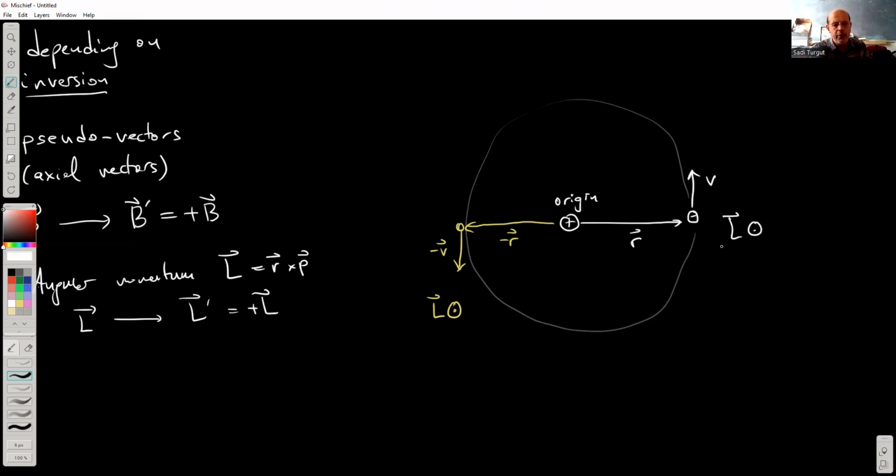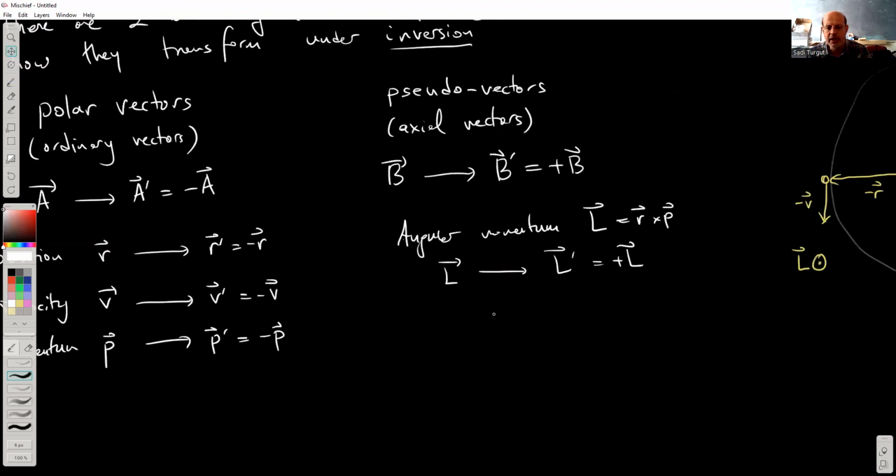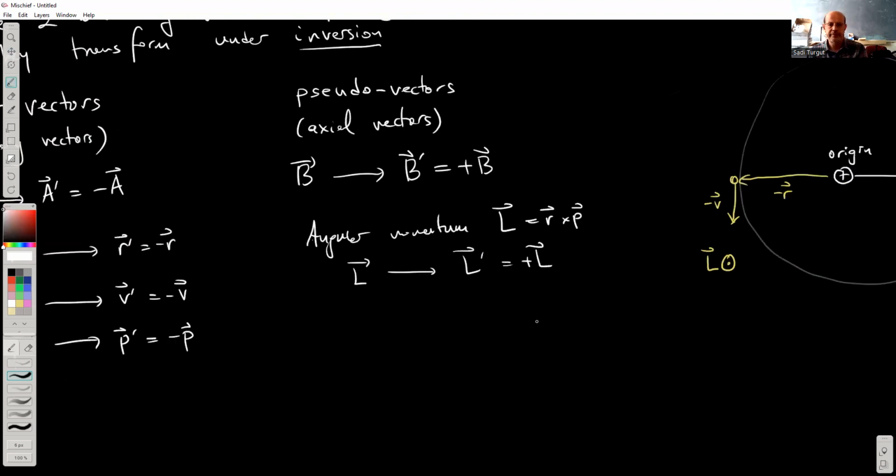Okay. So when we do that transformation, some vectors transform the ordinary way, right? They change sign under inversion, but some of them don't, right? So we just call these vectors pseudovectors. We have lots of pseudovectors in physics.